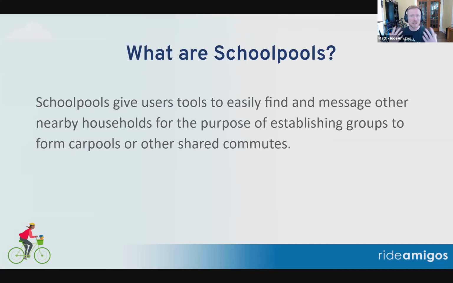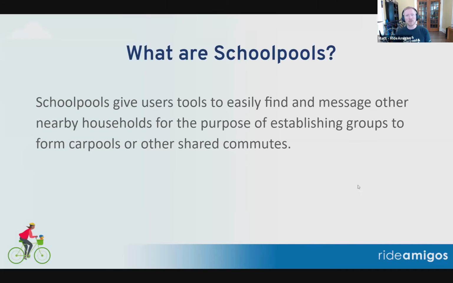That could be an invitation for them to carpool together or other types of pooling. We've seen informal van pools, informal walk and bike pools as well, depending on what the particular area is. So it's really a general purpose matching system to allow you to connect parents with one another who might want to do some sort of a shared commuting arrangement.